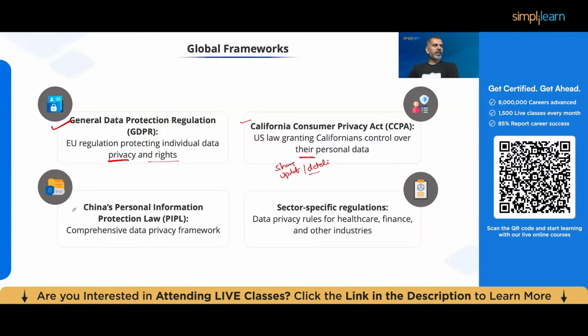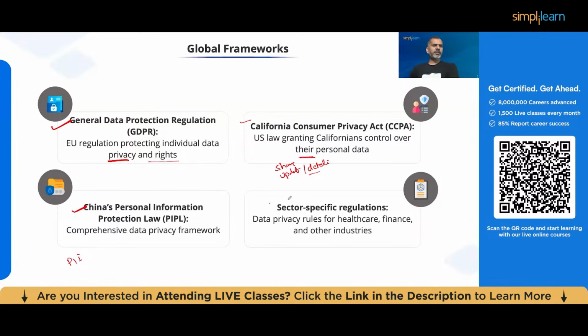Then the third one is China's Personal Information Protection Law, PIPL. It is a comprehensive data privacy framework, and it is again talking about PII. So you now understand that data privacy is a very big concern in the digital world, and nobody is ready to share their personal information without proper consent, guys.